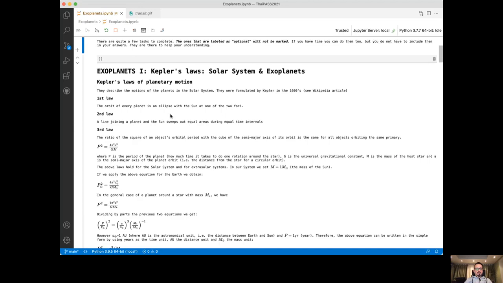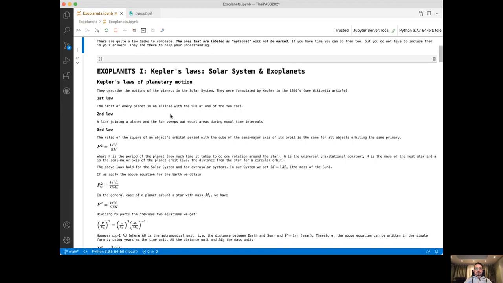The second law, that a line joining a planet and the sun sweeps out equal areas during equal time intervals. Basically, that means when the planet is farther away from the star, it moves slower, whereas when the planet is a bit closer to the star, because the orbit is elliptical, then it moves a bit faster.